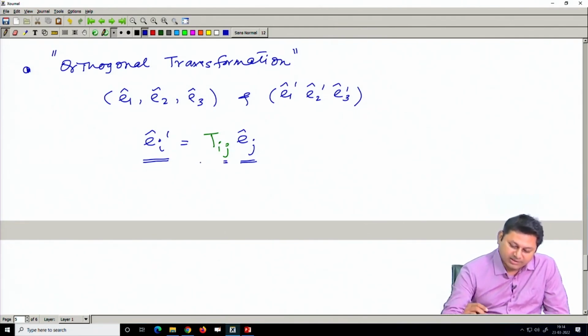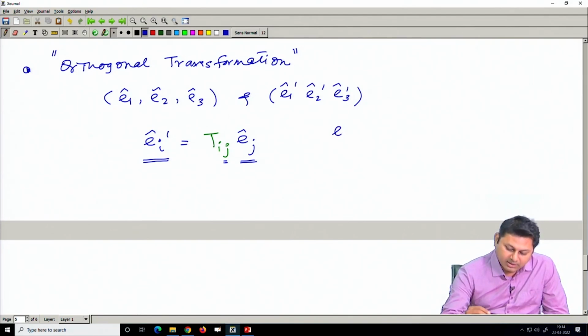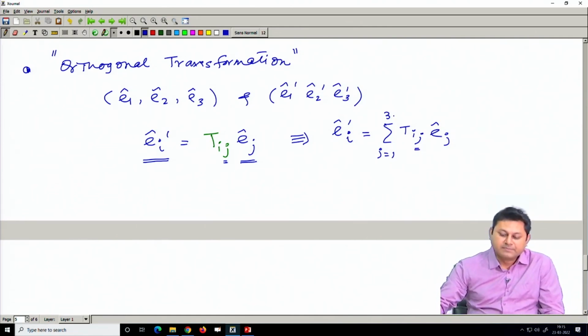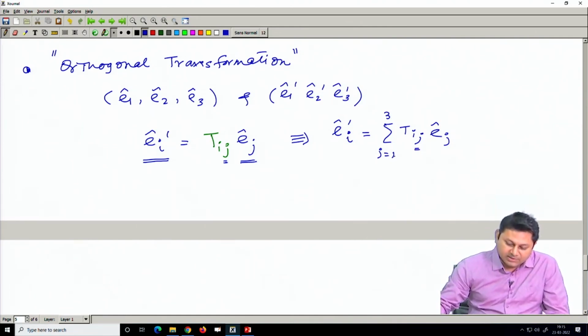So basically these things are equivalent, I am using this Einstein notation. j is summed over, with values 1, 2 and 3 if I am dealing with 3 coordinates. So I just removed the summation sign because I am using the Einstein notation. So it is simply E_i prime equals T_ij E_j.